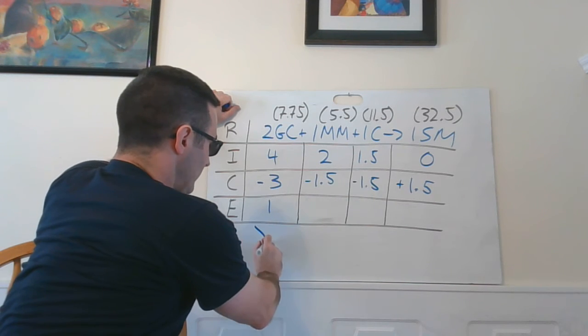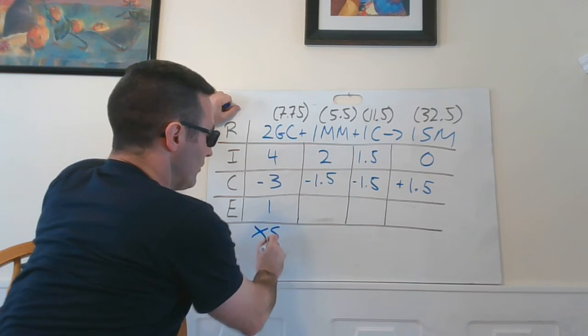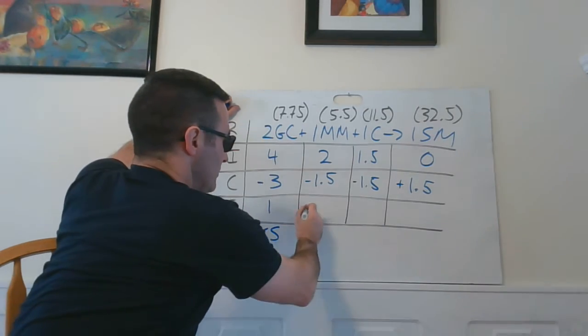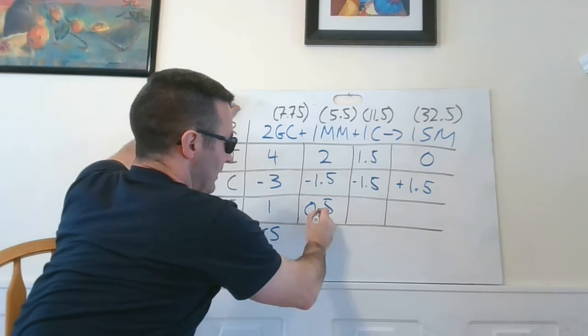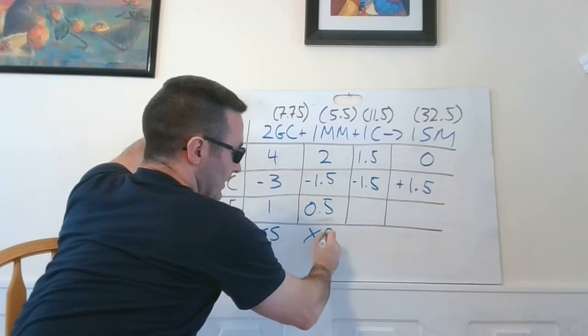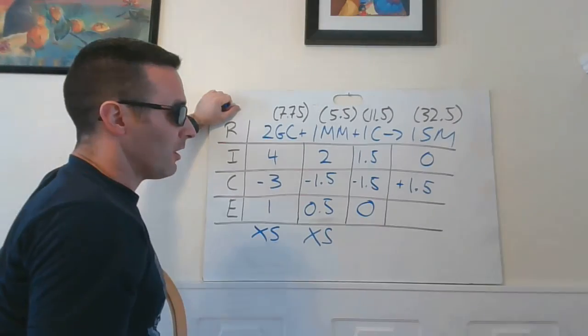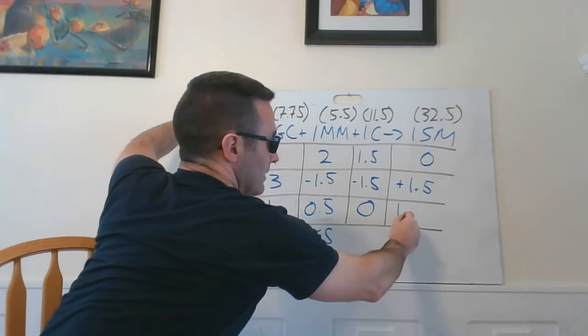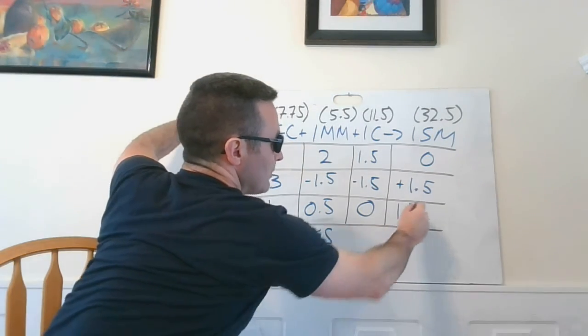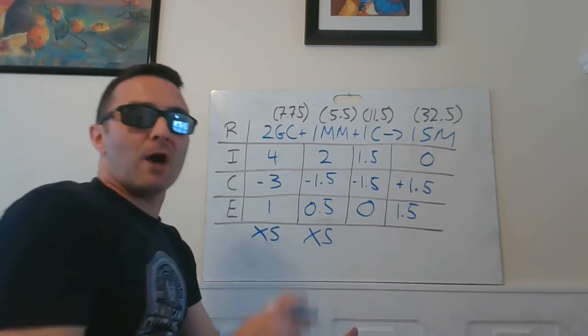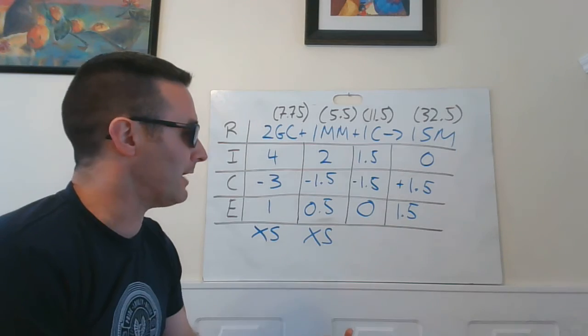Sometimes, if we're not interested in how much we have left over, you'll see excess written because you've got extra. You're going to have 1/2 mole of marshmallows left over. It's extra. It's in excess. My chocolate is gone. I've got 1.5 mole of s'mores. Well, we've done this before. How much s'mores do you have in grams?